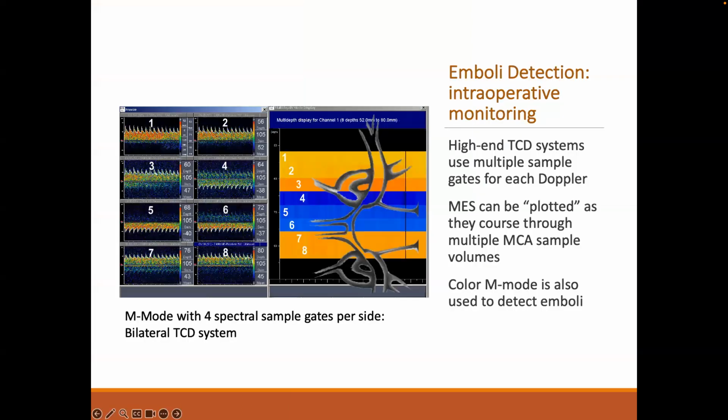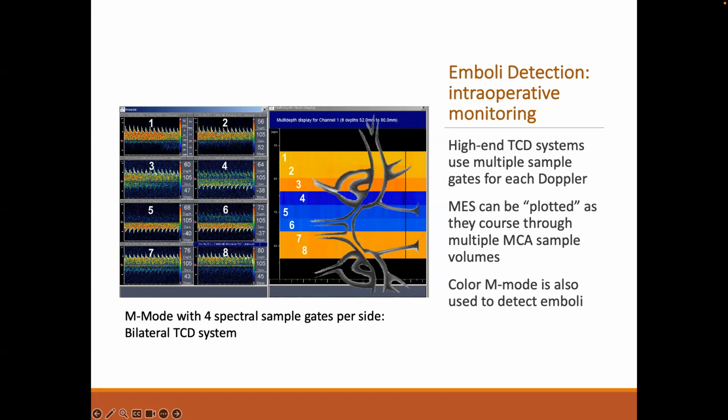Kind of cool. Okay, so some transcranial Doppler systems use multiple sample gates, and they simultaneously record signals from different depths along the MCA. These are called multi-gated units. Multi-gated units might be better at differentiating true emboli from artifact.